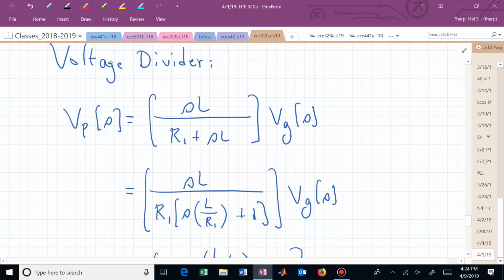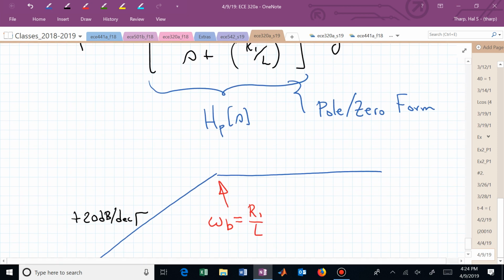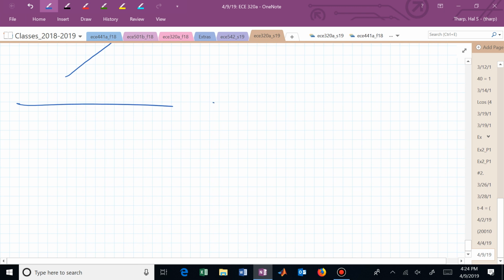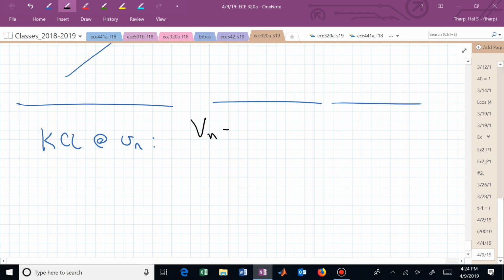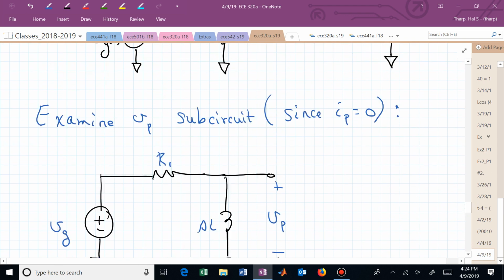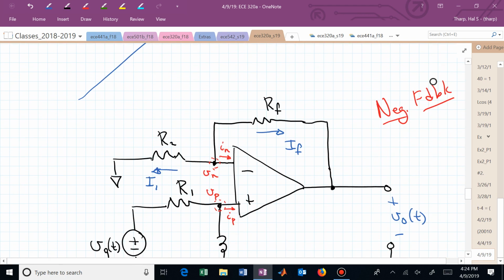So now if we do KCL, we now have V sub n minus 0 over R sub 2 plus I sub f. What's that one look like? Vn minus Vo over R sub f.